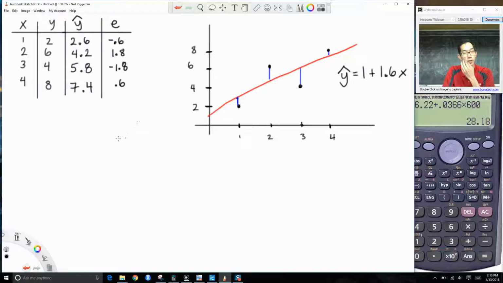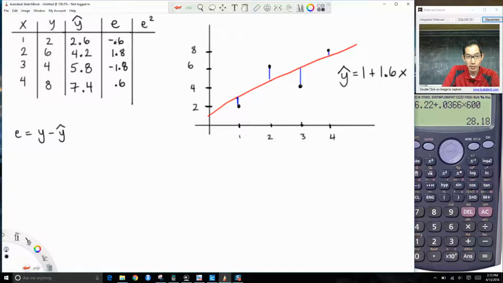Okay, if I say e is equal to y minus y hat, the difference between the actual value and our prediction for it. And again, I just want to make sure everyone's okay with all of these numbers that I'm throwing up on the screen.